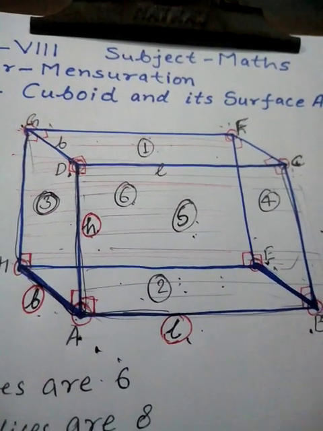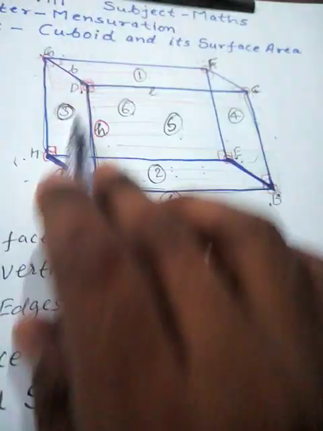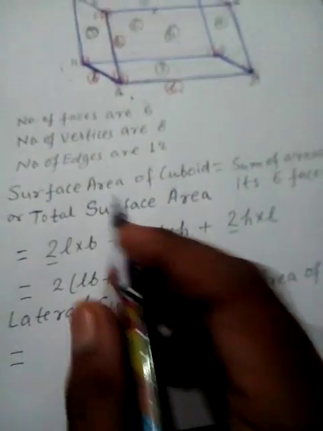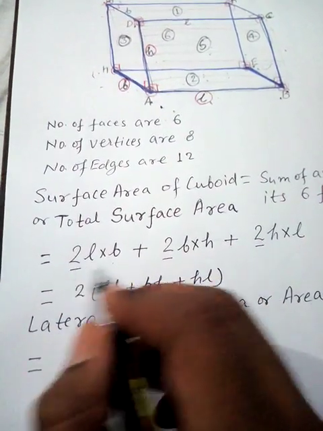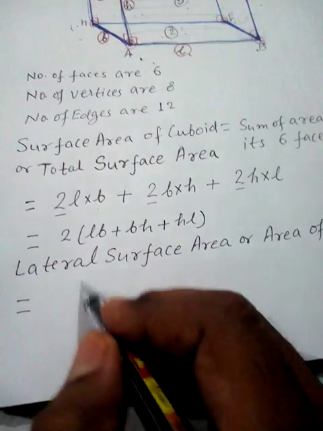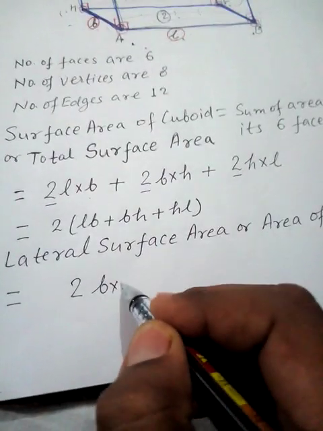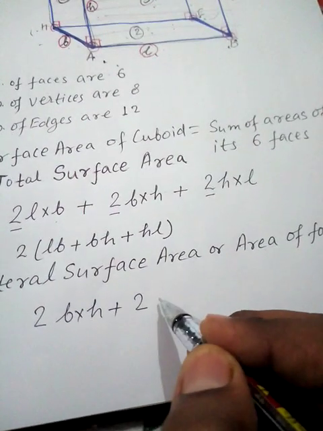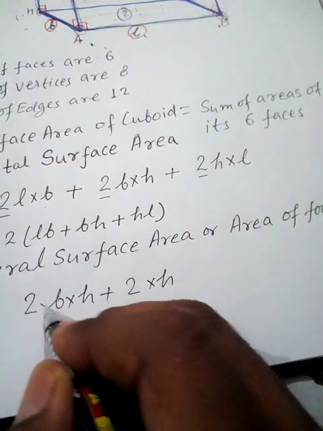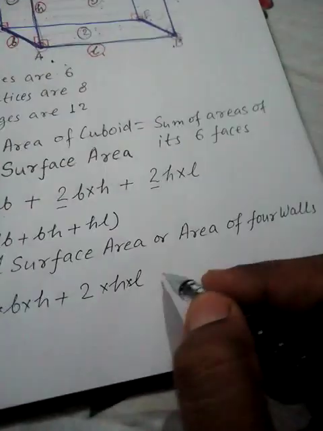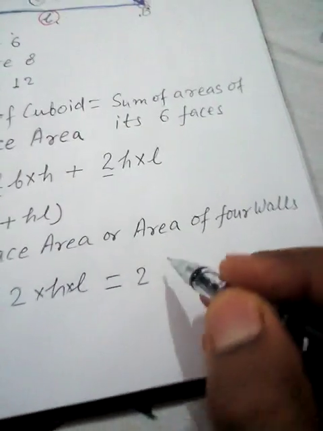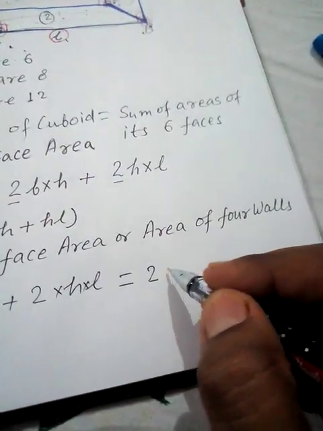So we just add the surfaces front, back, left and right. So we just leave out the top and bottom surfaces from the total surface area. So just add 2 into B into H plus 2 into H into L. You can see 2 is common, and also H is common.